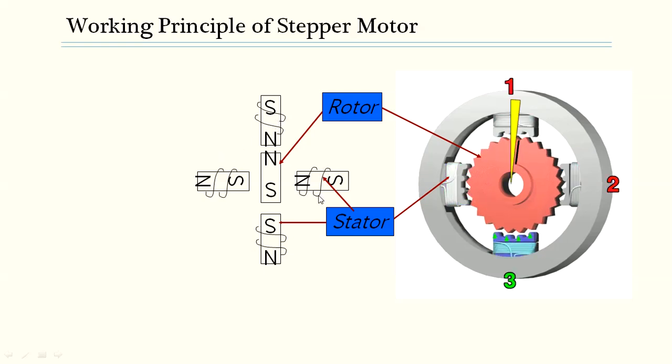Then we observe that the maximum flux is generated around coil B, and hence the internal rotor would move. As you can see in the diagram, there is a movement of the internal rotor. In this way, the internal rotor starts rotating on the application of voltage to the stator externally.